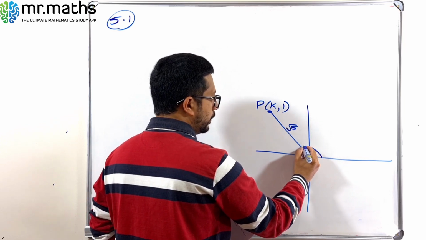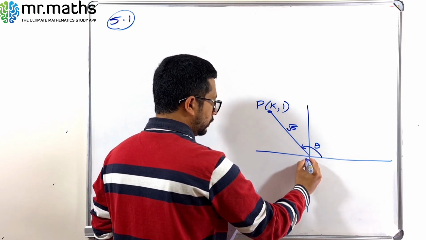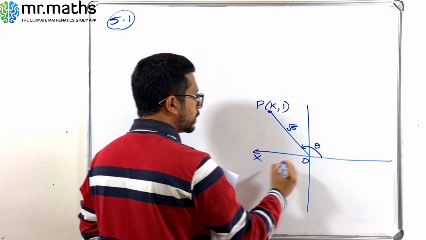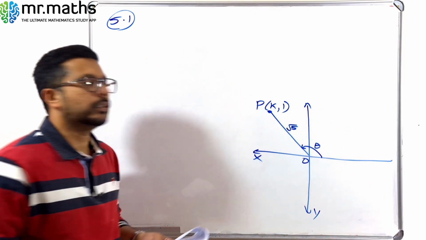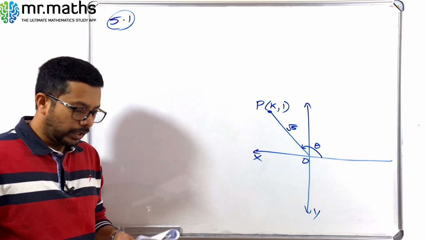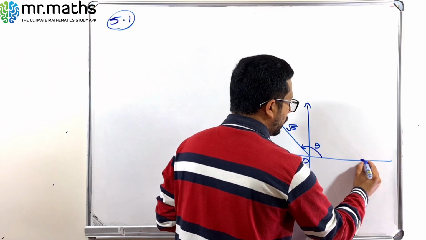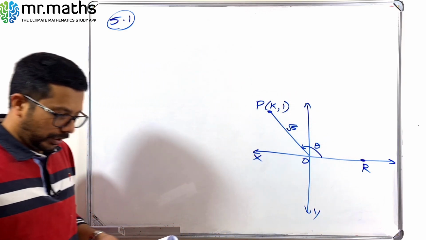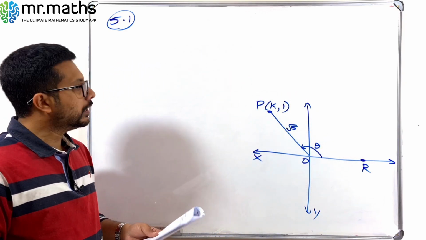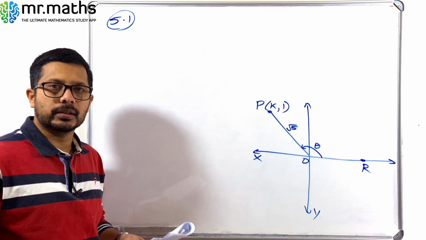This is angle theta. This is the origin, this is the x-axis, and this is the y-axis. There's also a point R given here.